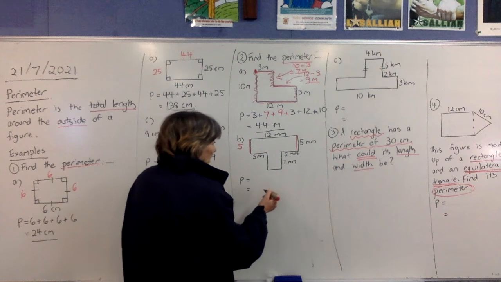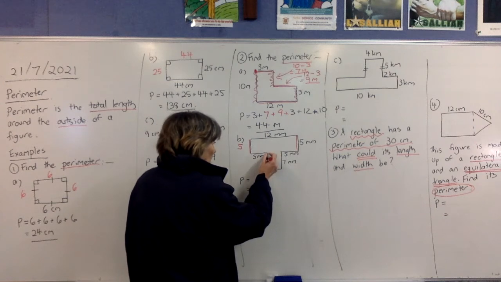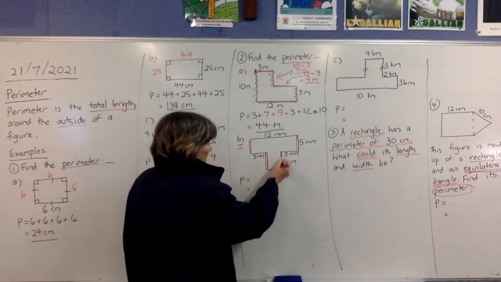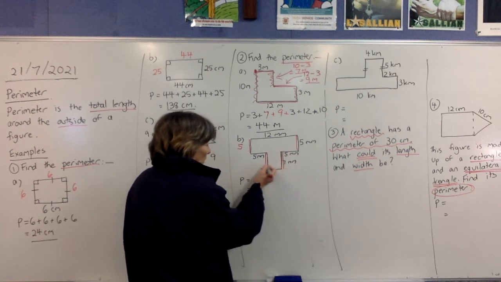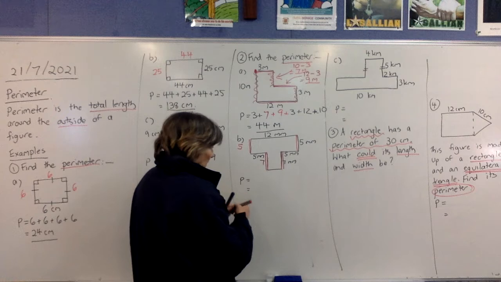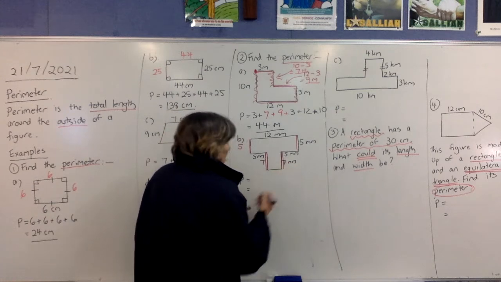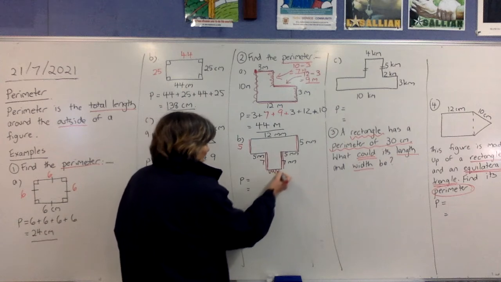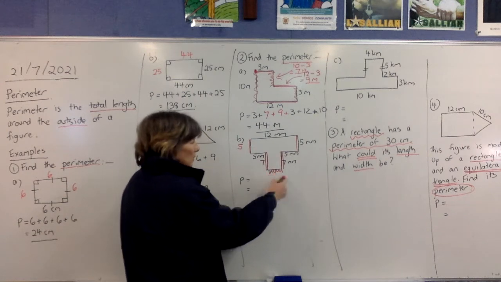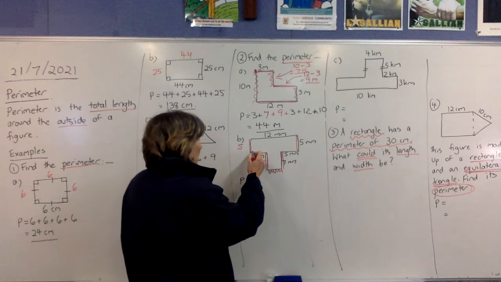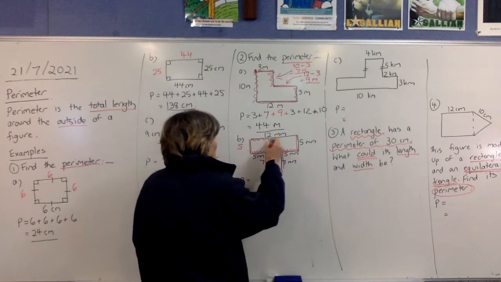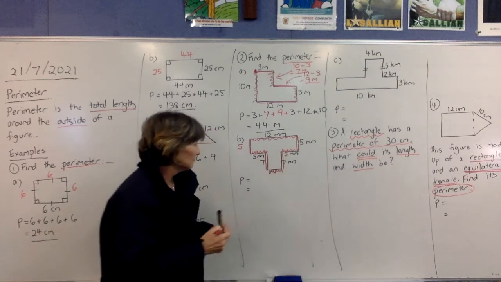All right, now this side here, again, we don't know what that side is, but it should be the same as this side. So we're going to write a 7 on that side to be the same as this one. Okay, now we still have a missing side, and it's this one here. We don't know what that is, and that's a horizontal side. So I'm going to go over all the horizontal sides in my shape and have a look at it.